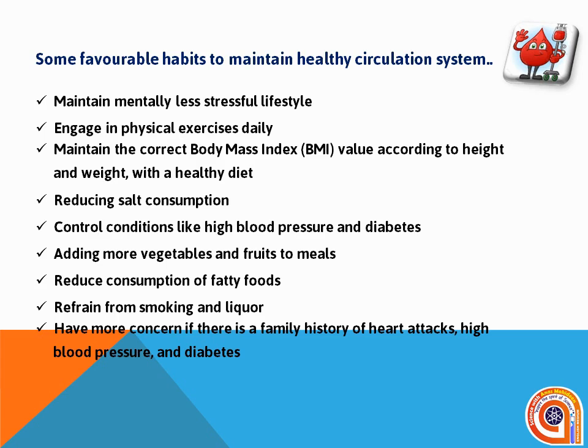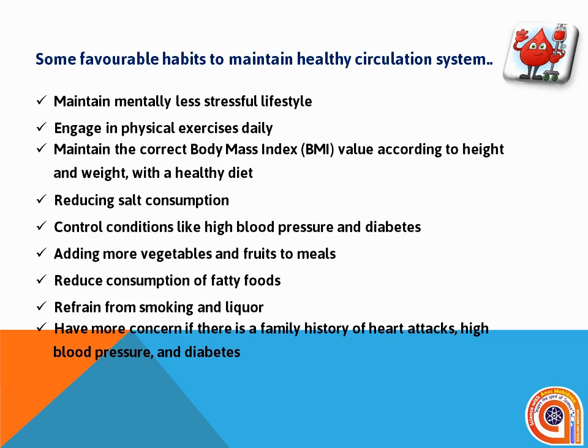Regularly we should have some sort of physical exercise. And maintain the correct body mass index, the BMI value, according to height and weight, with a healthy diet. And salt consumption should be reduced, but not eliminated at all. For an average level it should be consumed.